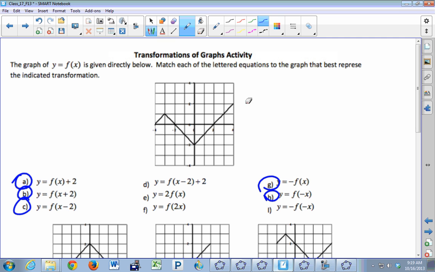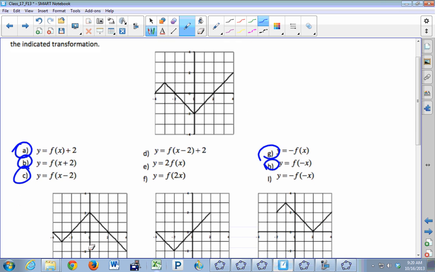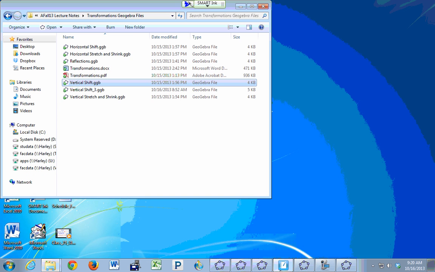It's a piecewise function. It looks like a squished up N. So here's the graph of f of x. I want you to match the pictures that go with A, B, C, G, and H at your tables. And you can talk to each other. You can work by yourself. Let me know if you need any help. I'll be glad to help you out.